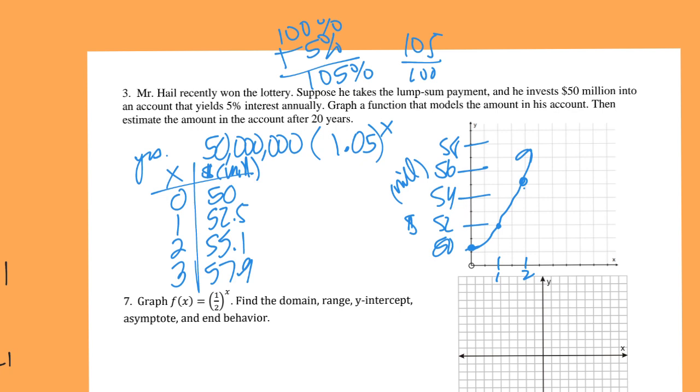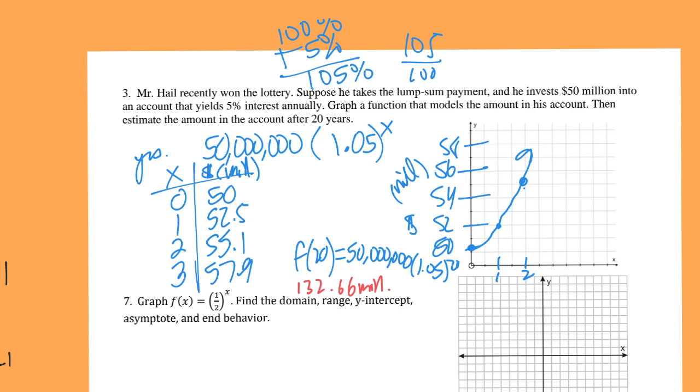Okay, and so if you want to figure out how much he has, it'd be f of 20 equals 50 million times 1.05 to the 20th. Okay, if you evaluate that in your calculator, you're going to get 132.66 million. And big numbers are hard to deal with.